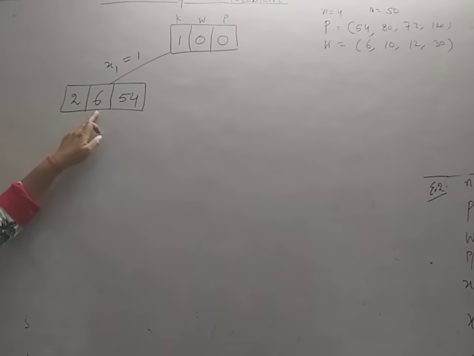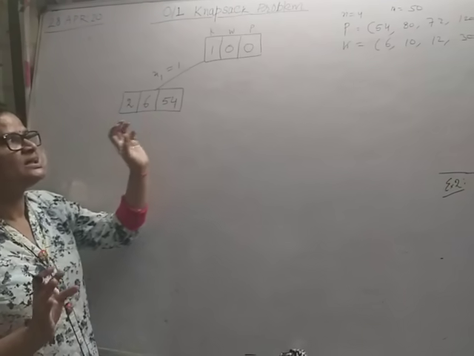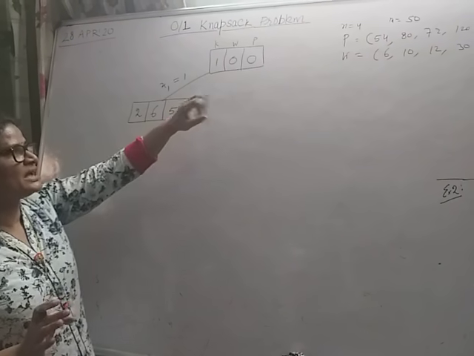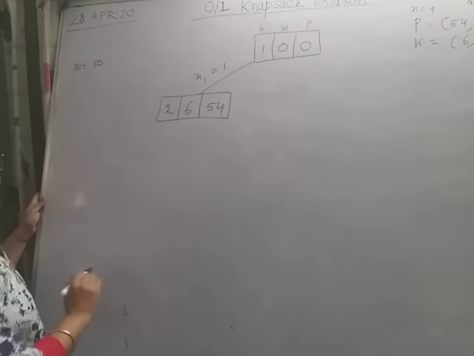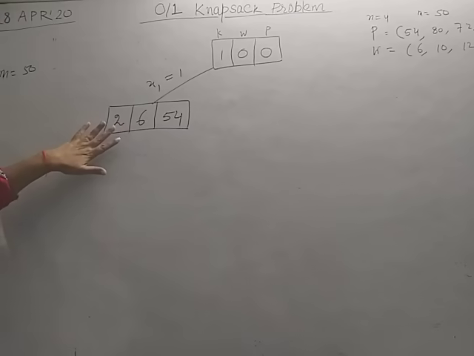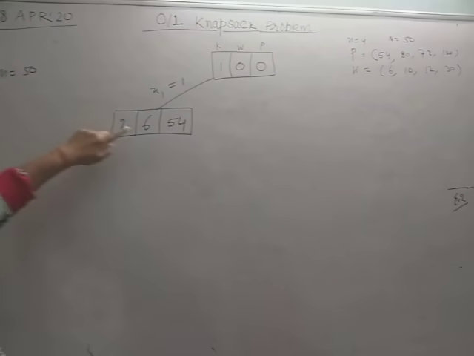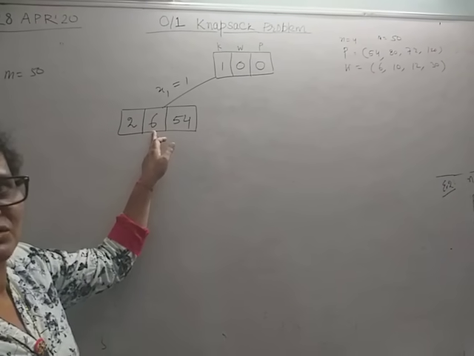The knapsack capacity is 50, so we compare the current weight: 6 is less than or equal to 50.